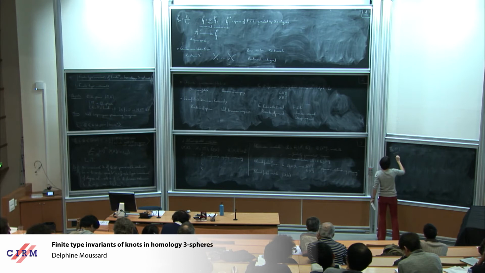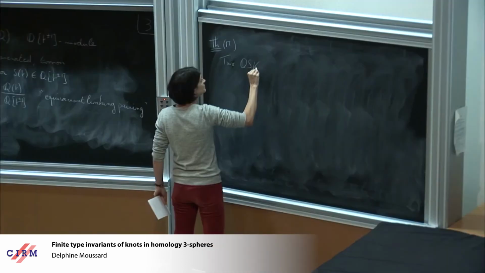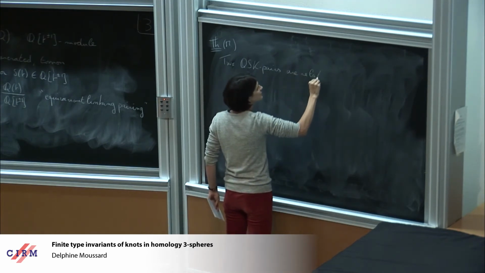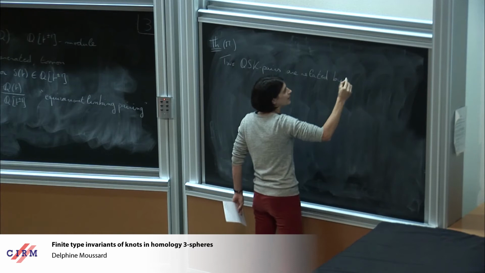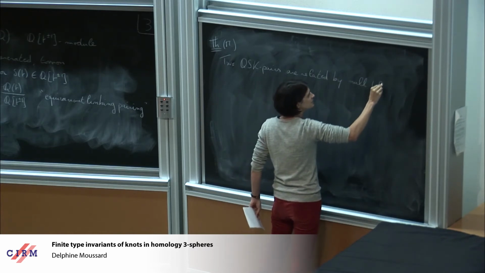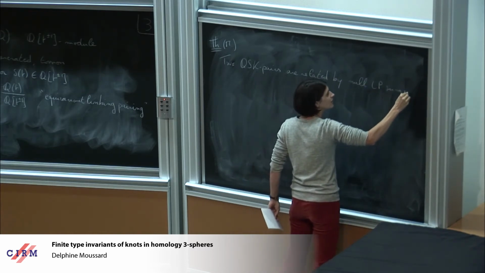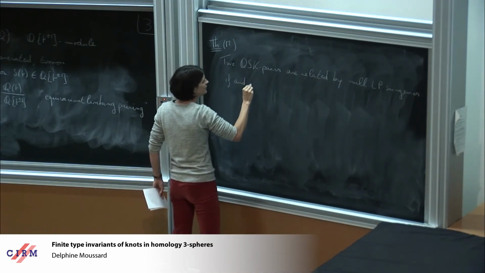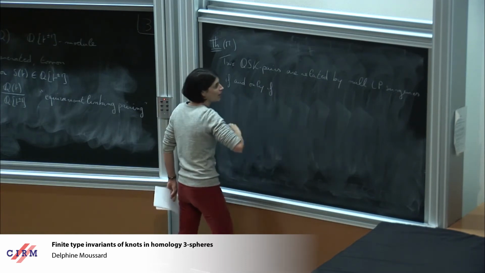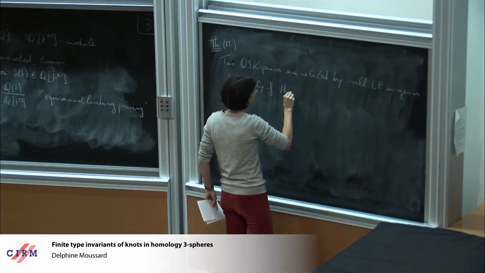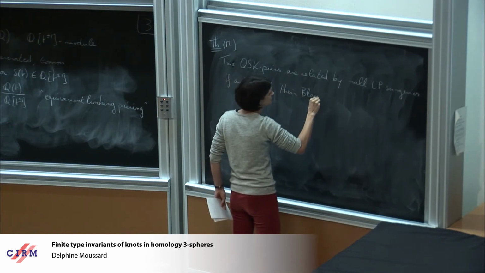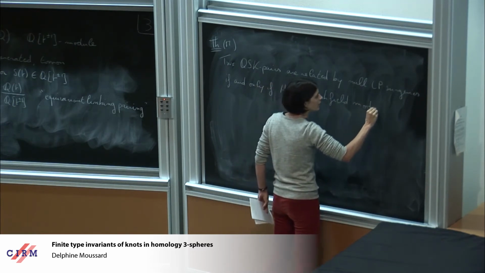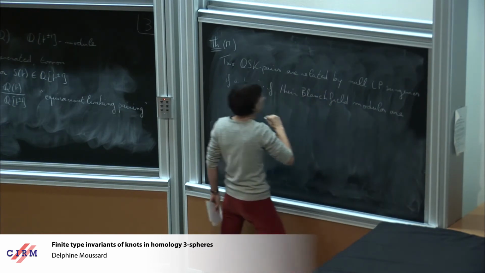Given two QSK pairs, they are related by null LP surgeries if and only if their Blanchard modules are isomorphic.